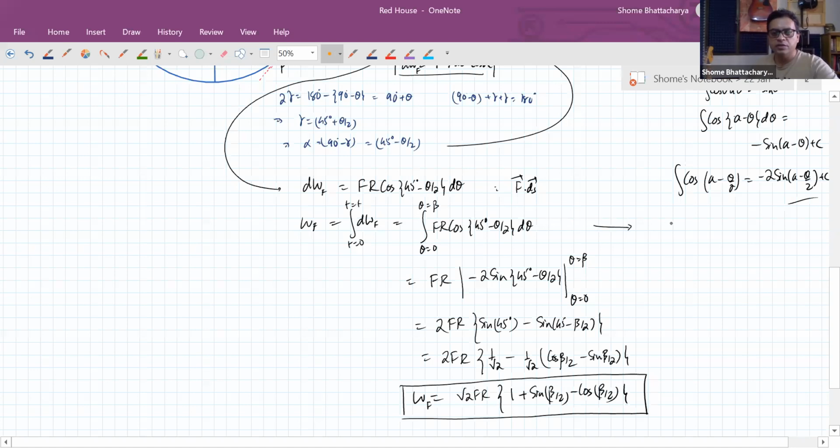Or I can also do one thing here. We can also write this as FR by root 2, sine theta by 2 plus cos theta by 2. This will become root 2 FR.